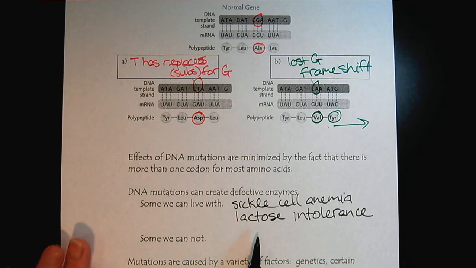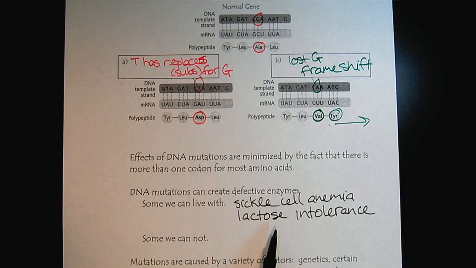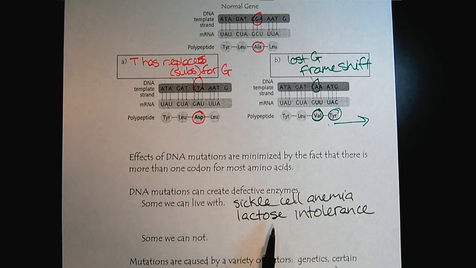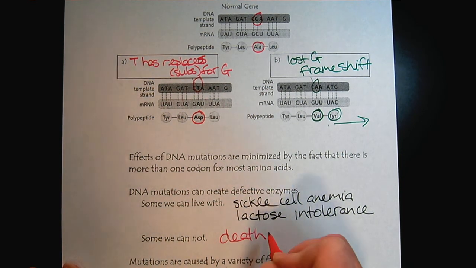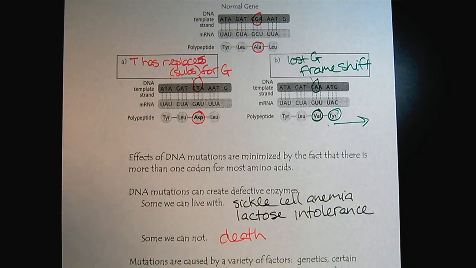But that's something that we can either avoid dairy products or take advantage of lactase, that kind of thing. However, some DNA mutations we cannot live with, and basically what happens there is death. And often this death happens before we're even born.